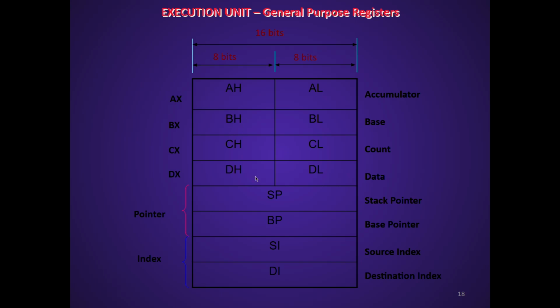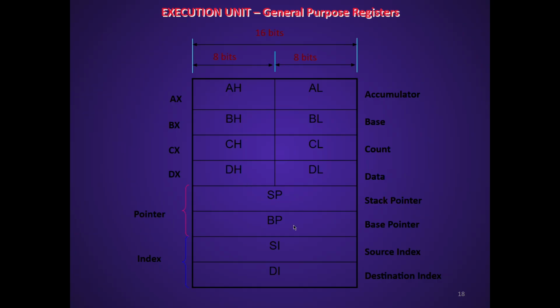Then we have AH, BH, CH, DH, AL, BL, CL, DL. The totals of these 8-bit registers are AX, BX, CX and DX. So what does A represent? A represents the accumulator, B represents the base, C represents the count, D represents the data.